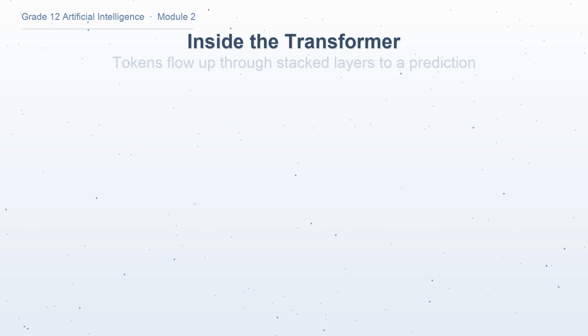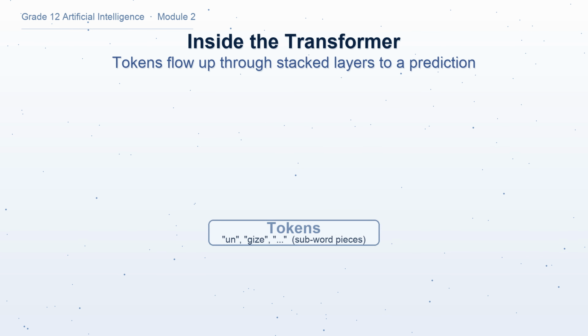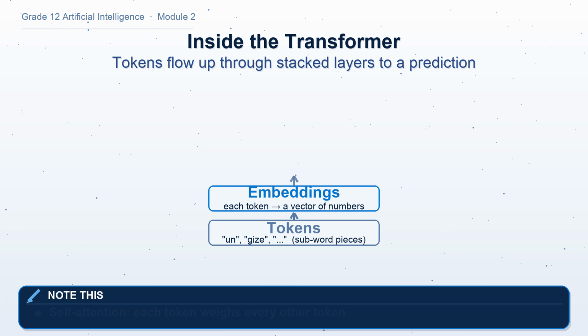Modern language models are built on an architecture called the transformer, introduced in 2017. Follow the flow upward. The tokens enter at the bottom. Each token is turned into an embedding, a list of numbers that captures its meaning. Then comes the heart of the model, self-attention.